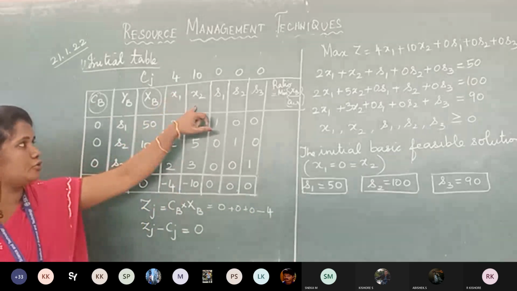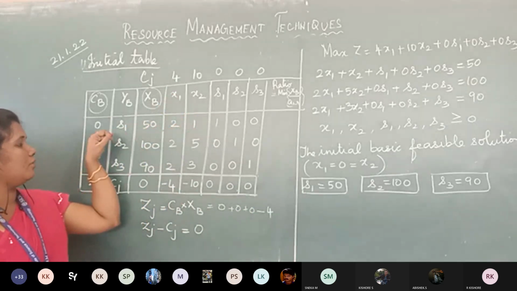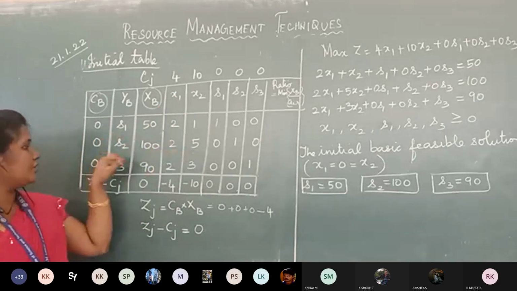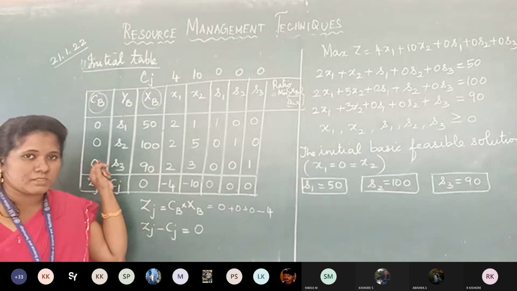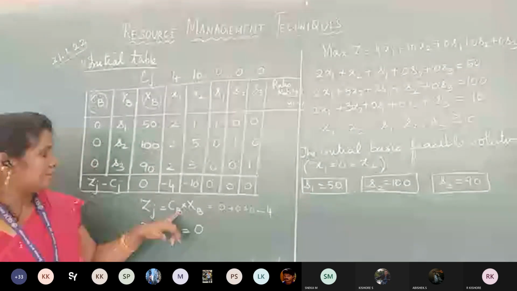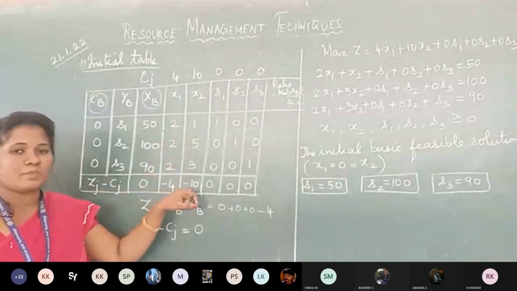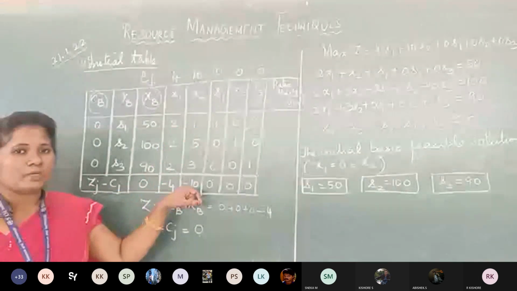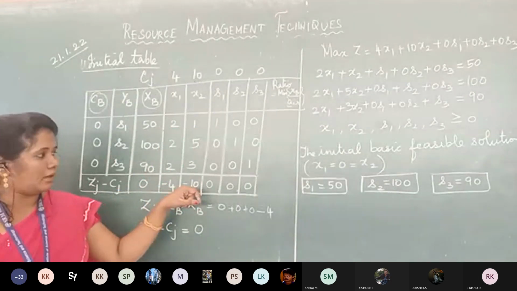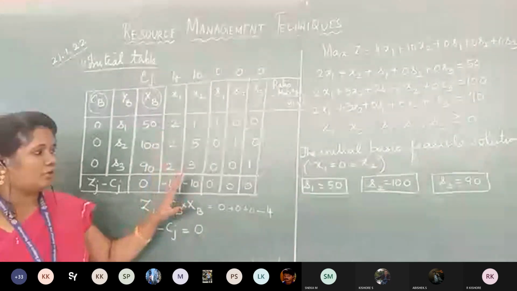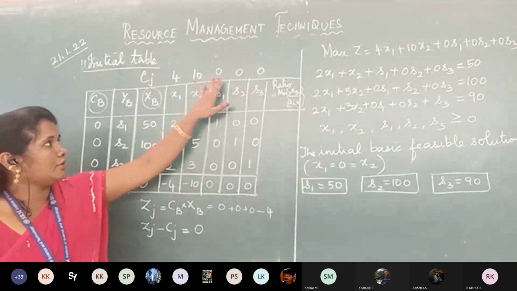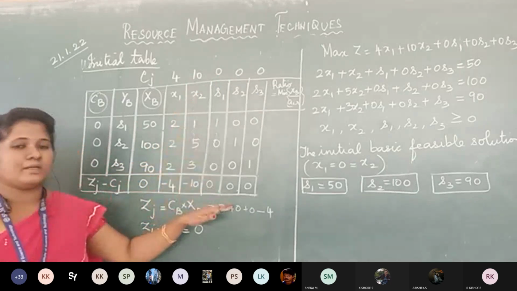Similarly for x2, 1 into 0, 5 into 0, 3 into 0, it is 0 minus your Cj, which is 10. So I have written it as minus 10. When you do iteration after iteration, you will understand. This is your initial table. All of the terms, since they are 0, I have directly written as 0.